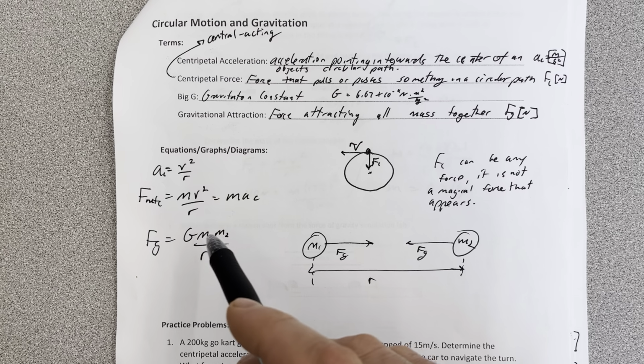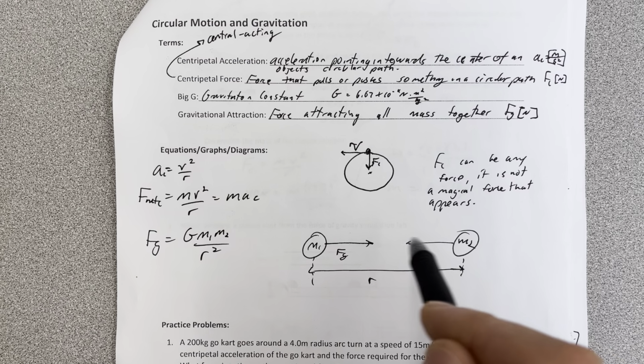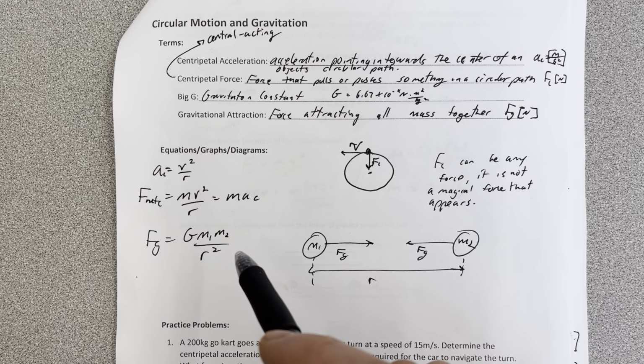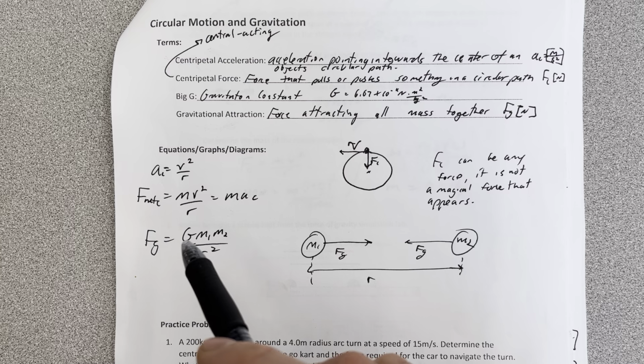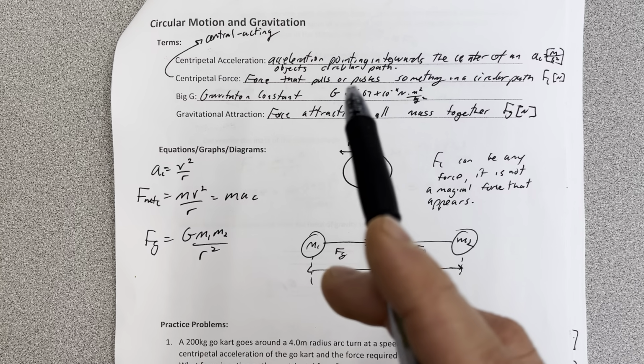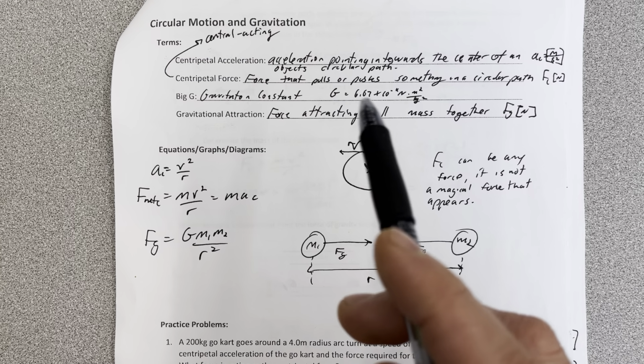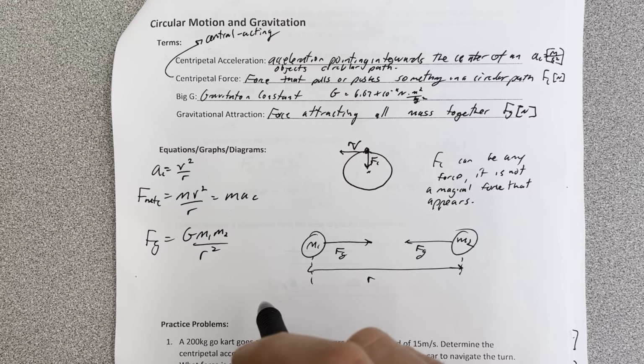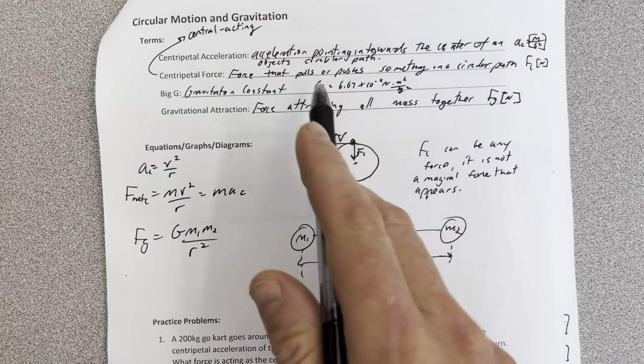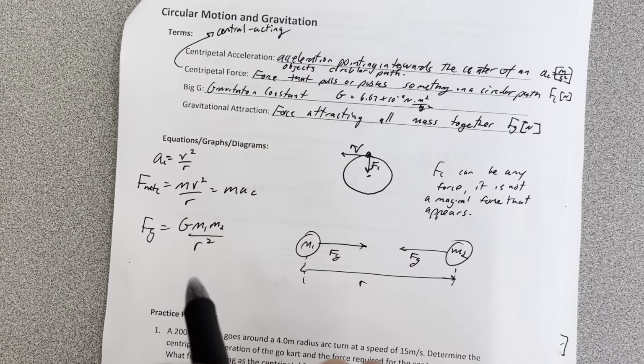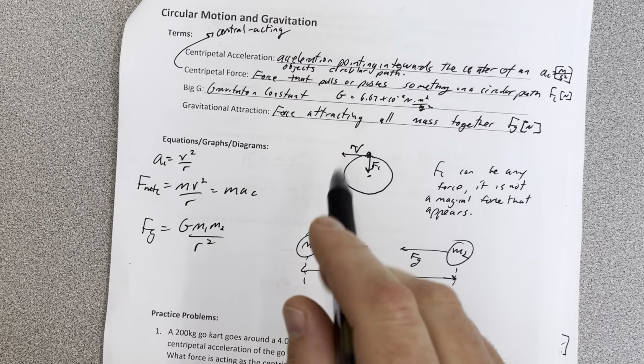It's definitely proportional to the product of the two masses, inversely proportional to the distance between them squared, and proportional to this constant, big G, the gravitational constant, which is a big, small number. Big in terms of number of digits and such, in units, but a small number.